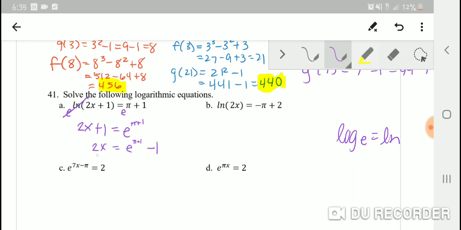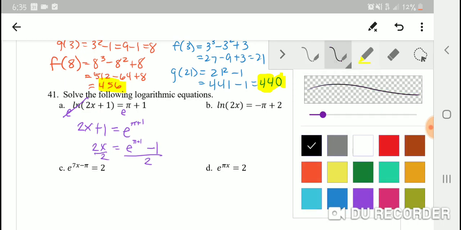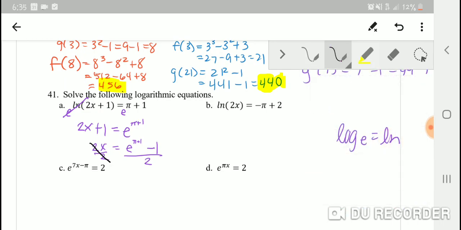And then we need to divide by 2. So this becomes your answer. You can plug that into your calculator if you need to. I don't think these questions are actually solved out using a calculator on the exam. I think they're left like what you see here.